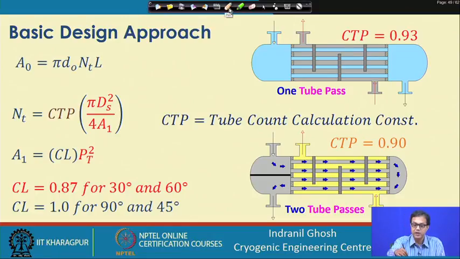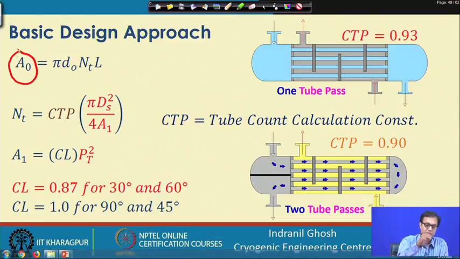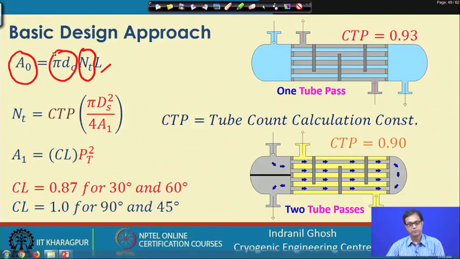we have estimated this external heat transfer surface area, and imagine that we have n-t number of tubes, each of length L, and each one having an external surface area of pi d 0.